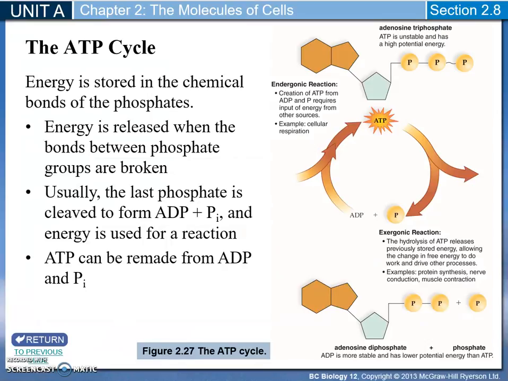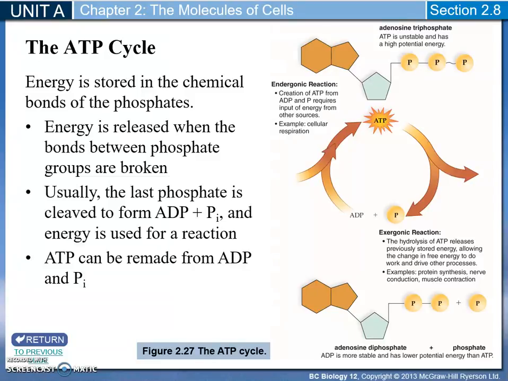So the ATP is involved in what's referred to as the ATP cycle, and this is how all cells derive their energy. Basically, energy is released when the bonds between phosphate groups are broken, and usually the last phosphate is cleaved to form ADP plus the phosphate group, and energy is then made available for reactions.